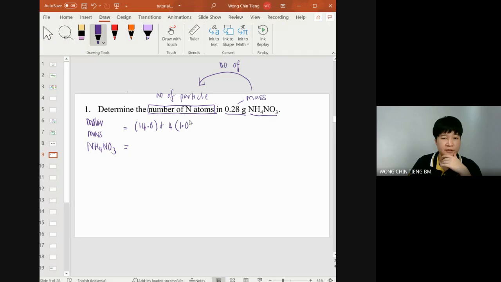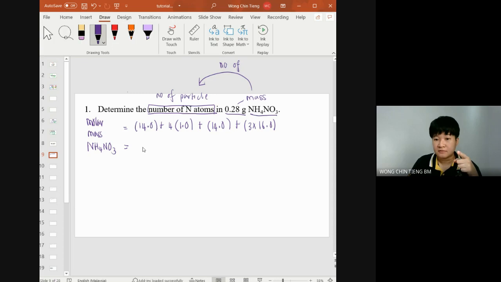Baik. Molar mass dapat berapa? Dah kira ke? Baik. Natasha? Soal saya okey ke?